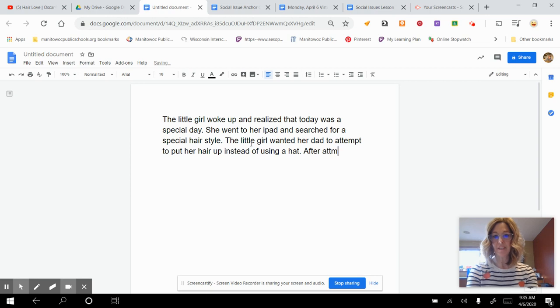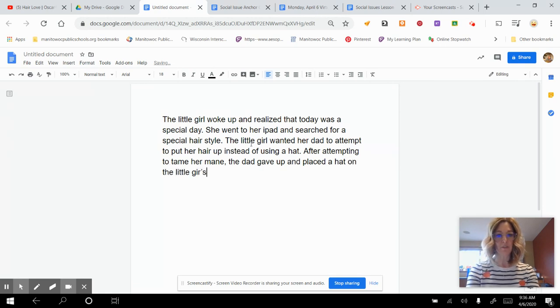After attempting to tame her mane, the dad gave up and placed a hat on the little girl's head. The little girl became very upset and ran out of her room.